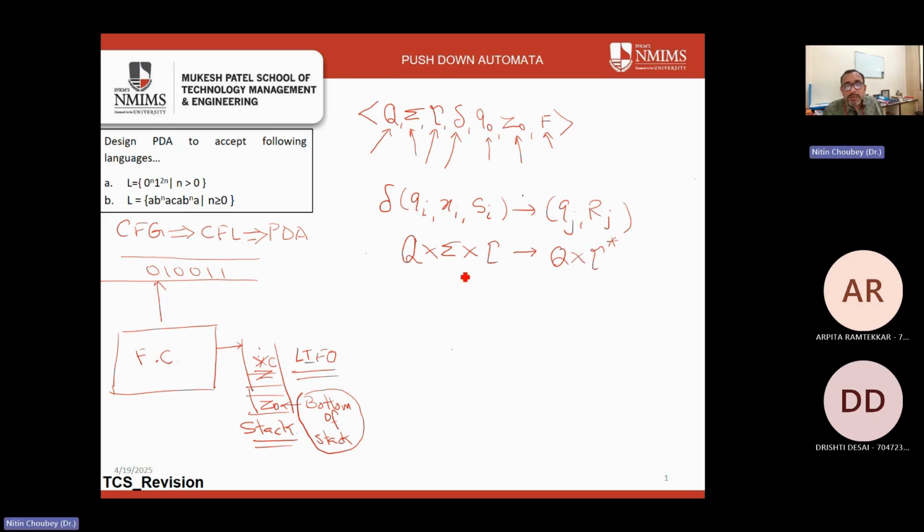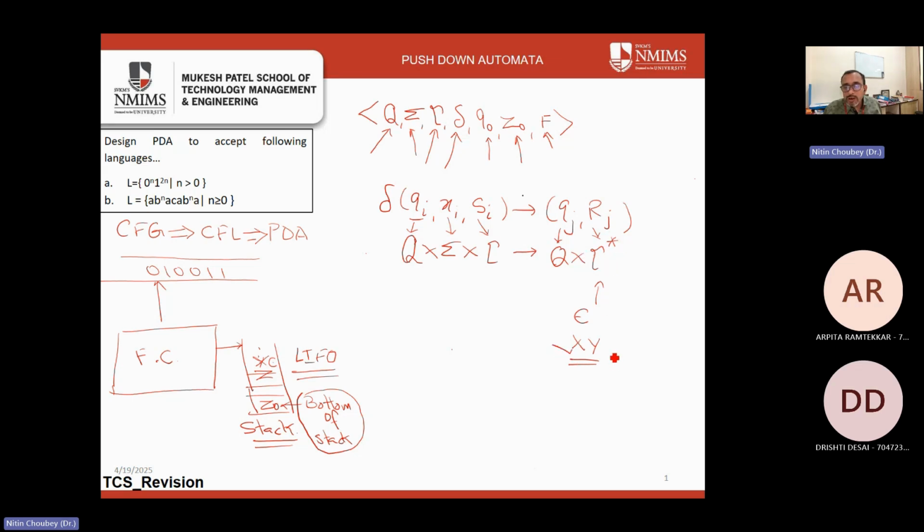Now, what is the meaning of this? That from any state from Q, on the input symbol from the summation alphabet, and when some s_i from tau is available, it will lead to another state from Q. Here we have represented tau star because this could be either epsilon in case of popping of the symbol, or it could be more than one symbol, like we have seen X was pushed onto Y, so more than one symbol exists, so we are taking tau star.